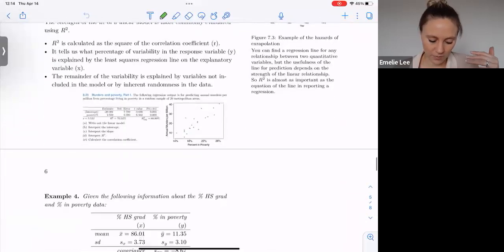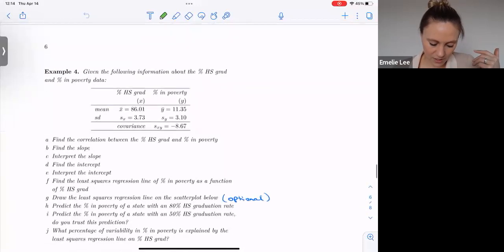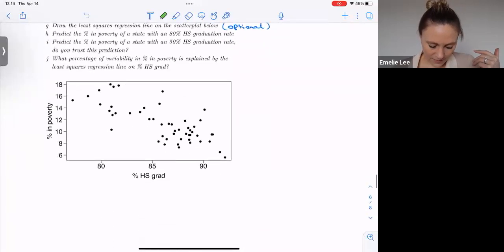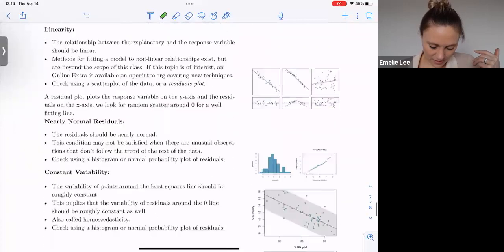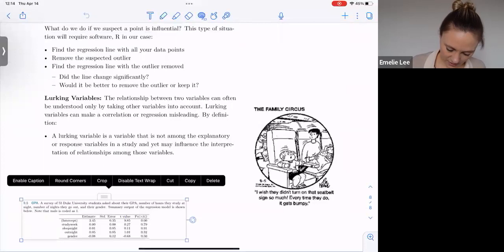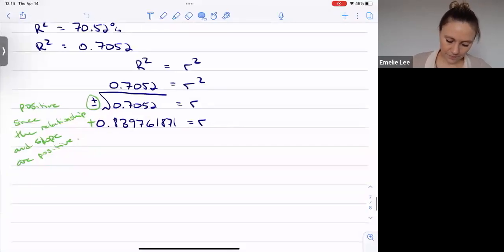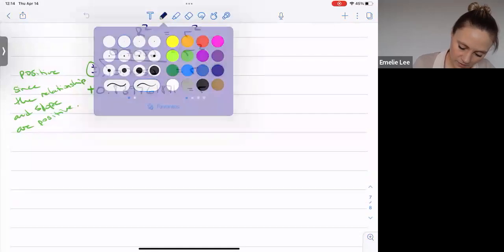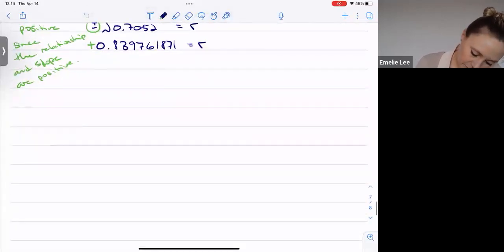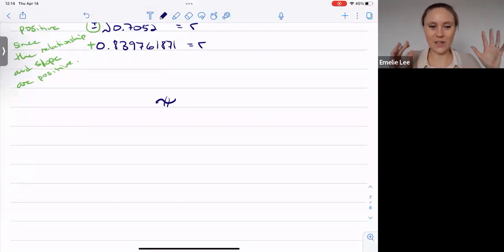We talk a little bit more about R squared and all that fun stuff. And my last thing I want to do is just copy this. So that's kind of it for what we call simple regression.